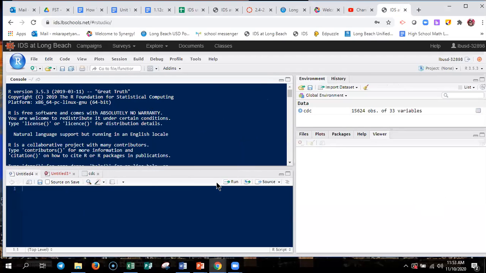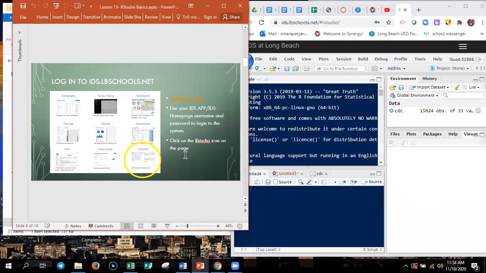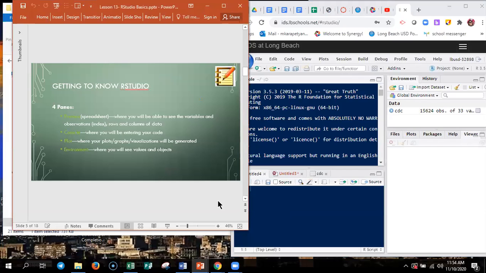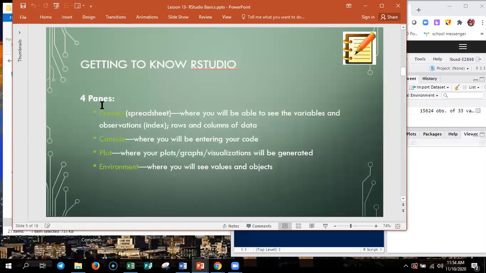What you want to make sure that you do see in your Rstudio is your 4 panes. The 4 panes here are the preview, the console, the plot area, and the environment area.